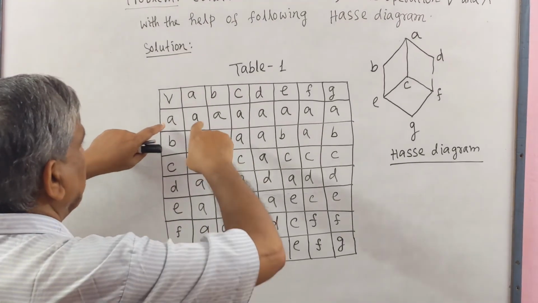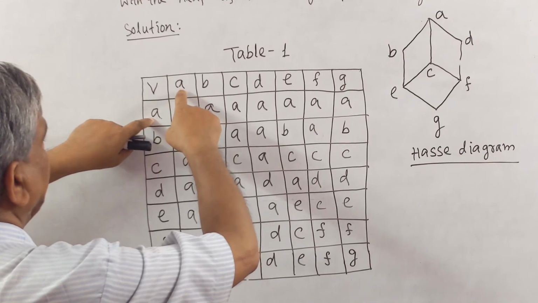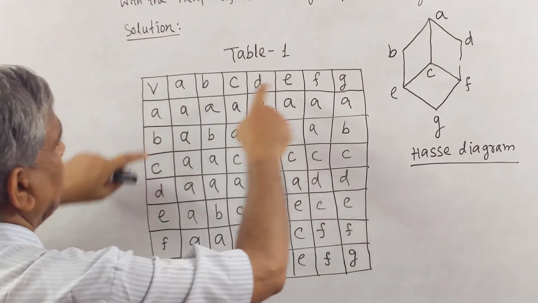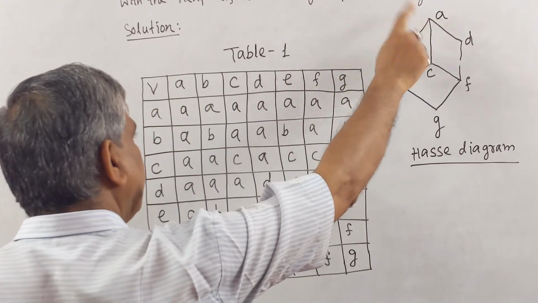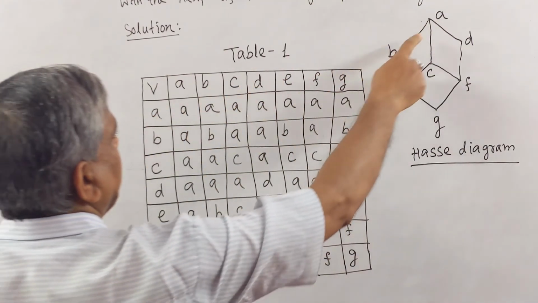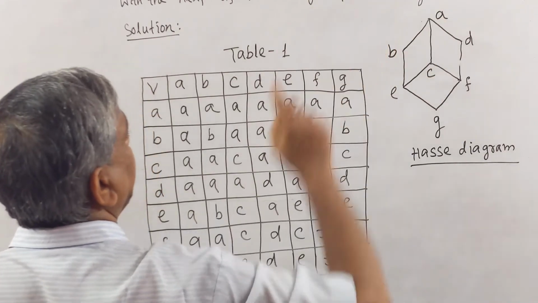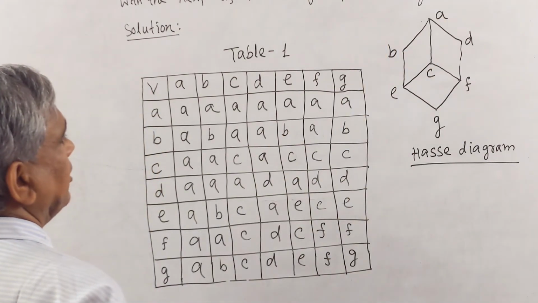Here first we start from here, A and A, supremum of A and A. Supremum of A and A is A. Supremum of A and B: A is on the immediate upper position.